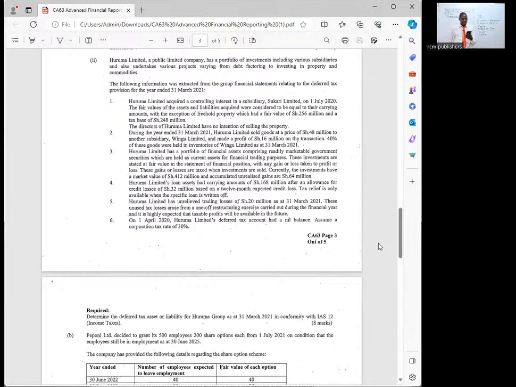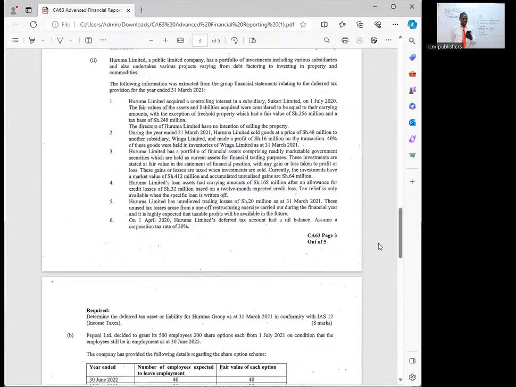Then we have number 4, Huruma Limited's loan asset has a carrying amount of 168 million after allowance for credit losses of 32 million based on a 12-month expected credit loss. Tax relief is only available when the specific loan is written off. 5.